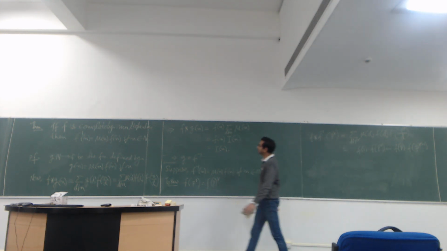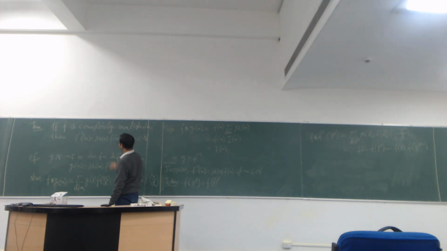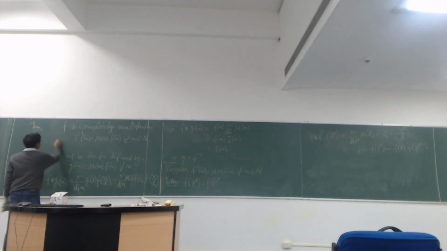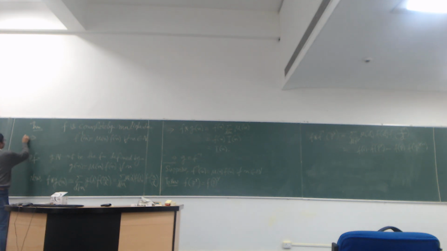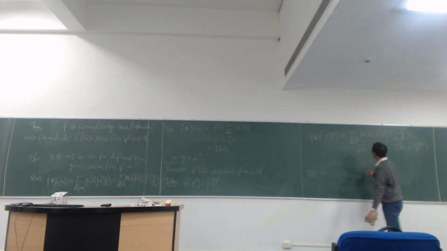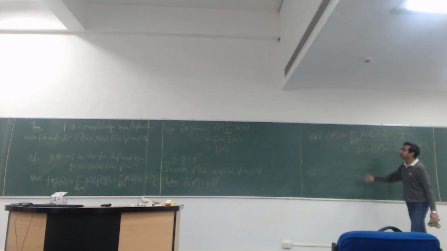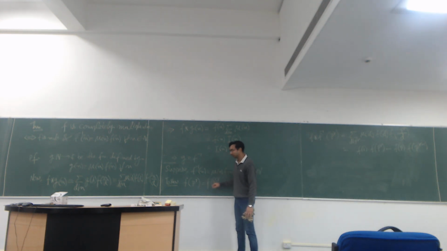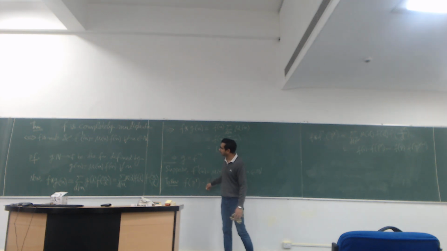If f is completely multiplicative, then it can only be this. So the fact that f is multiplicative will ensure this.